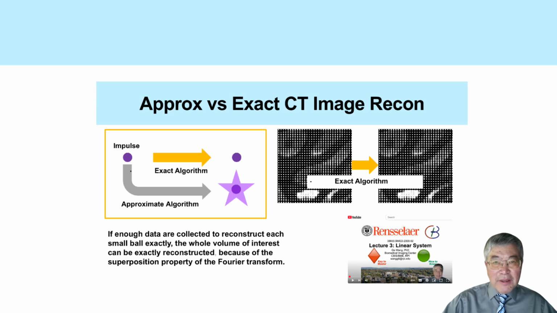So for example, instead of reconstructing a point-like ball as a clean point, it may reconstruct it as a small star-like pattern. Then, if the object contains many small balls, the approximate algorithm reconstructs many small stars. When these errors are added together, they generally do not cancel perfectly. As a result, we obtain an approximate reconstruction rather than an exact one.